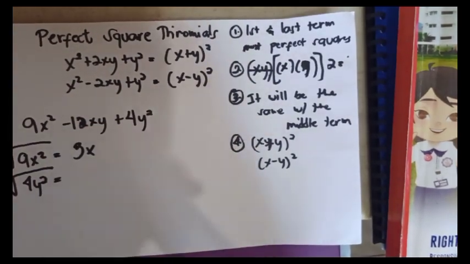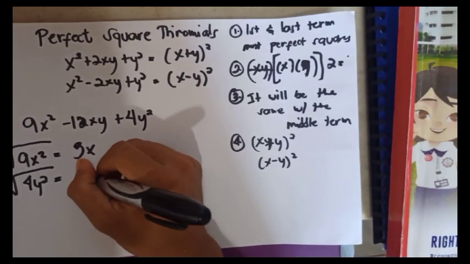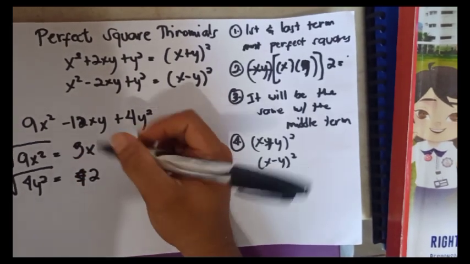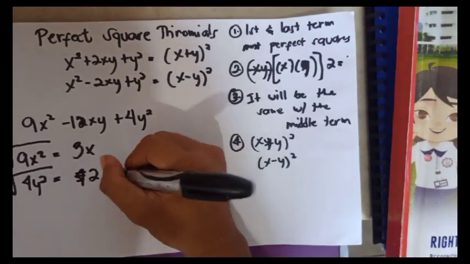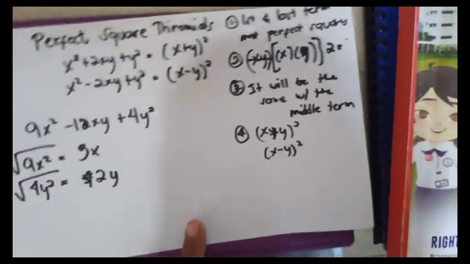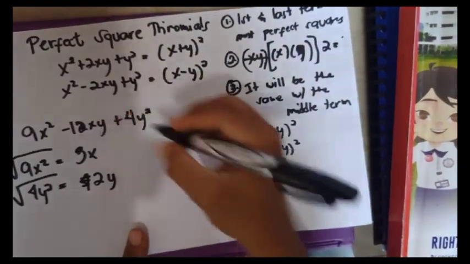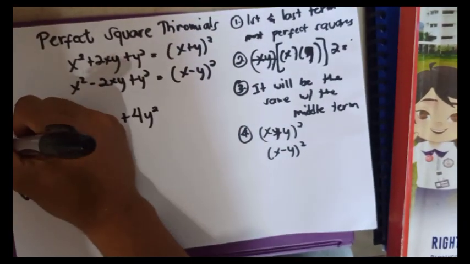therefore, 9x squared is a perfect square. Now, how about 4y squared? Square root of 4 is 2. Square root of y squared is y. So therefore, we have our positive square roots. This is for the first step.